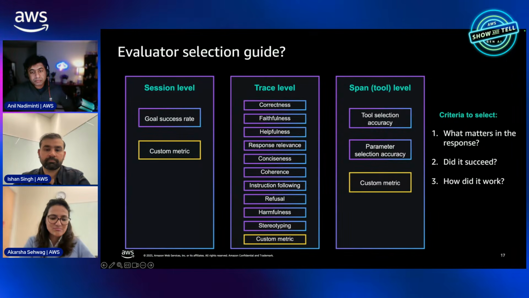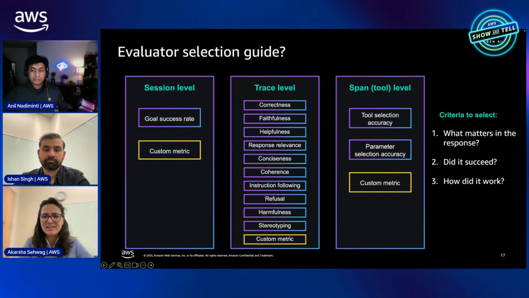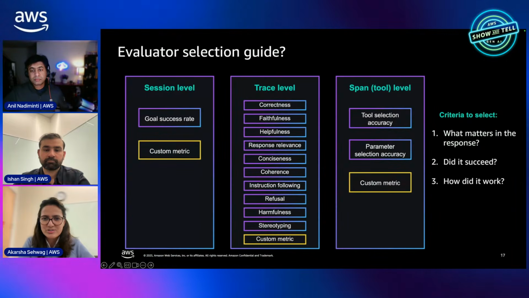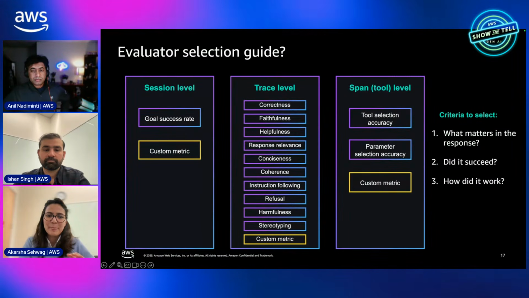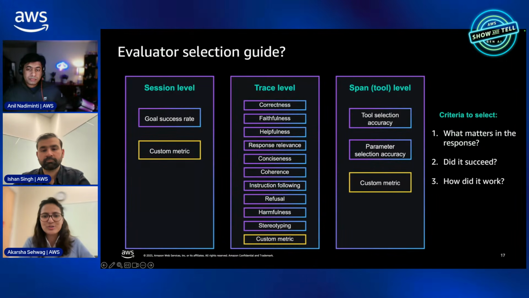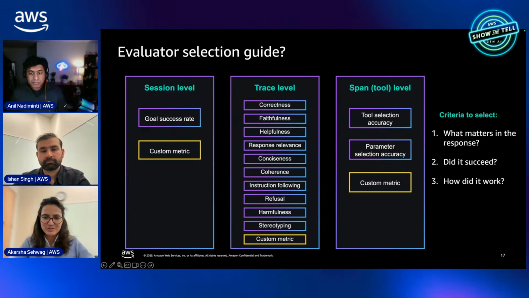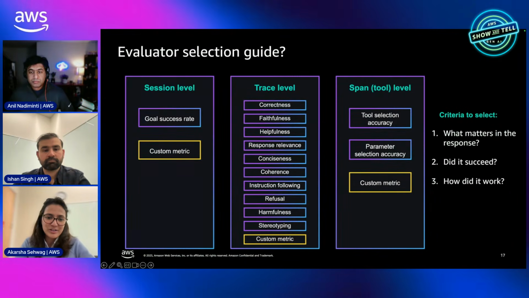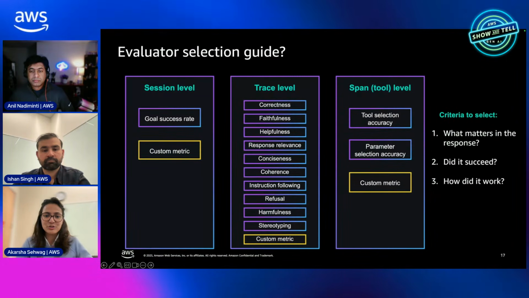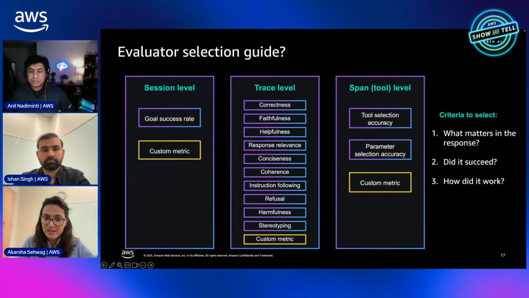So this includes metrics like faithfulness, correctness, perhaps response relevance, and the goal success rate. If your agent is user-centric, add more helpfulness or harmlessness metrics to it. If we are talking about multiple tools being used by the agent, add tool evaluators to it.